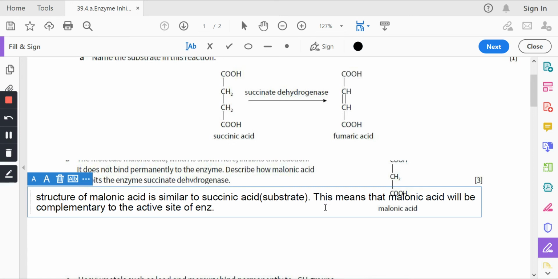I'm just going to write it in short, that is succinate dehydrogenase. Please do not write in short form in your actual exams.